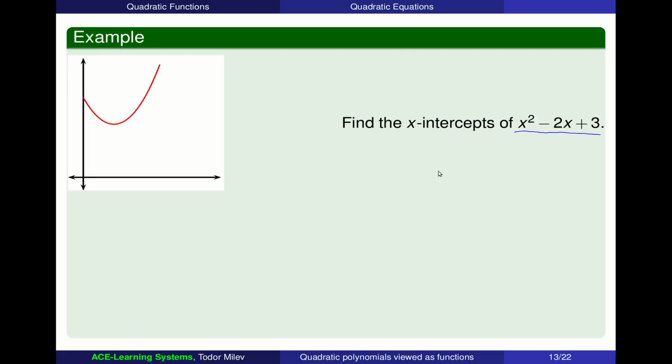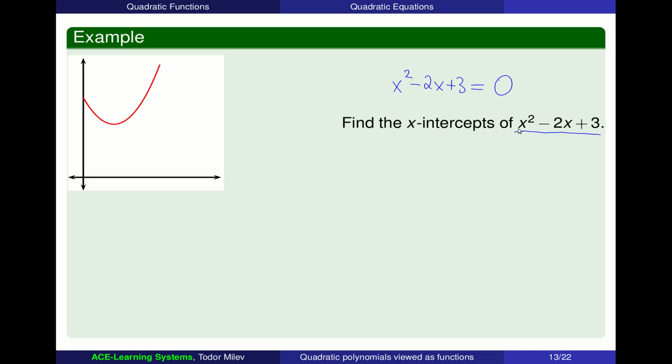Just a reminder, the x-intercepts of a function correspond to the place where its graph intersects the x-axis. And to find the x-intercepts of a function means to set the function equal to 0 and to solve the equation. So I'm asking you to solve x squared minus 2x plus 3 equals 0.